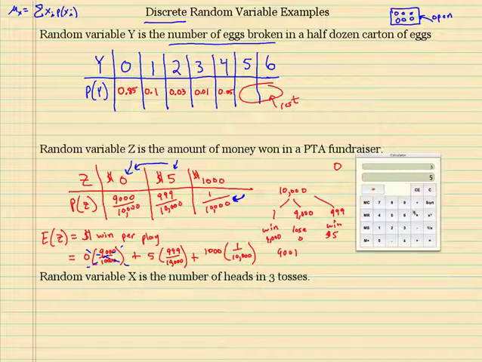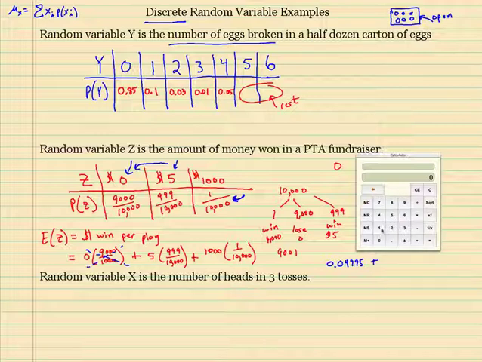Okay, so 5 times 999, enter, divided by 10,000. I'm not sure if my calculator will carry these, so I'll write them down. I think this is just going to be 1 over 10, which is just 10%.